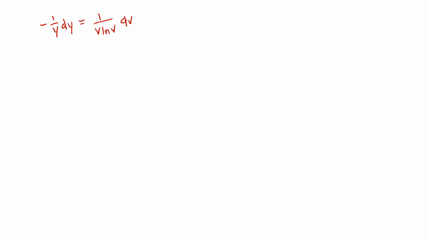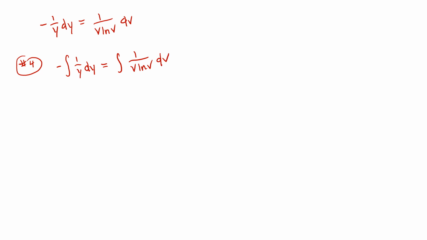Okay, so then step number 4 is to integrate both sides to find v in terms of x. So now we are going to take the integral of both sides.